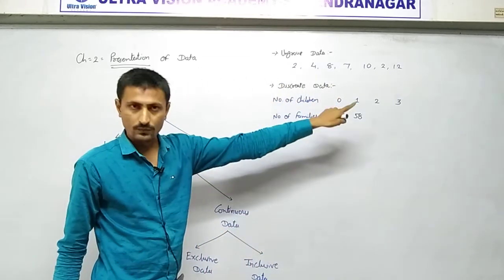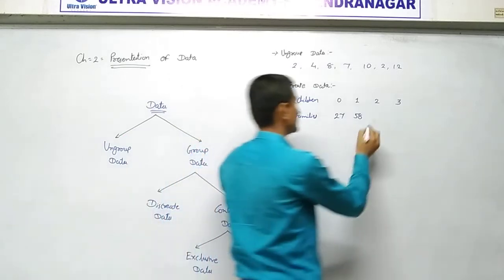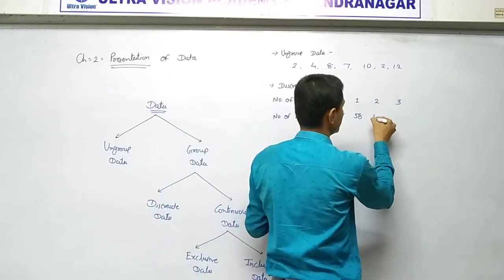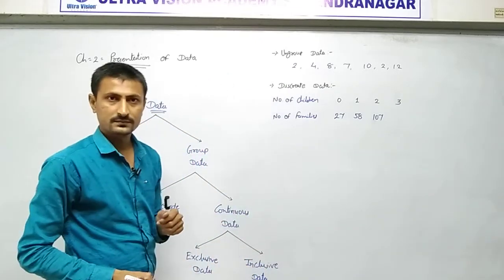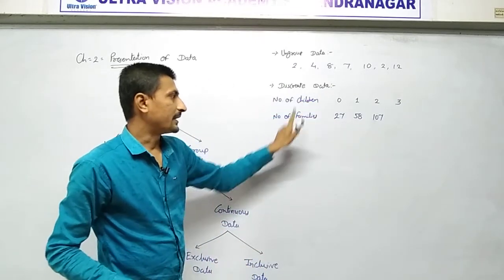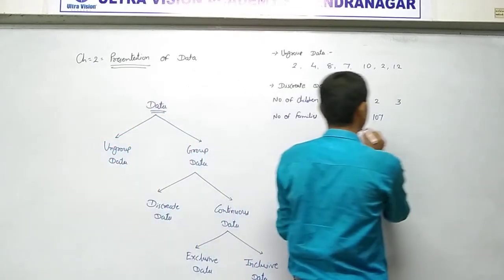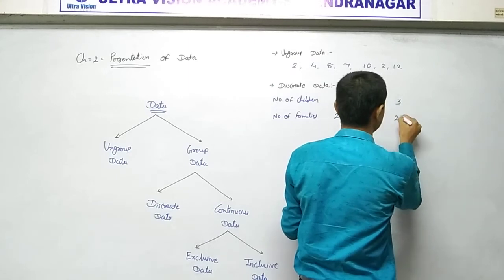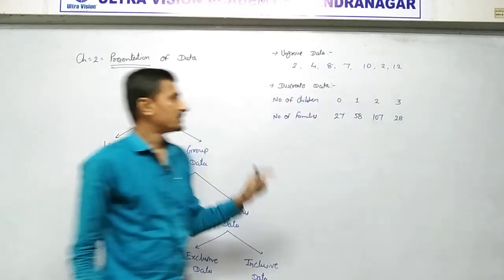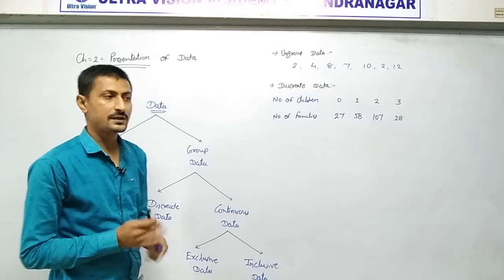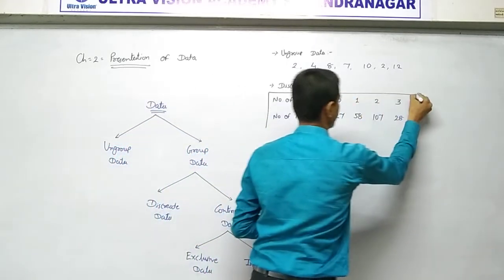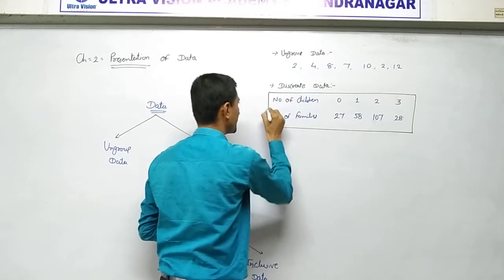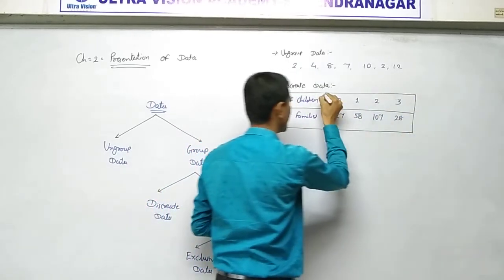Number of children 2, number of families 107. Number of children 3, number of families 20. So it is called discrete data, variable X and frequency related data.